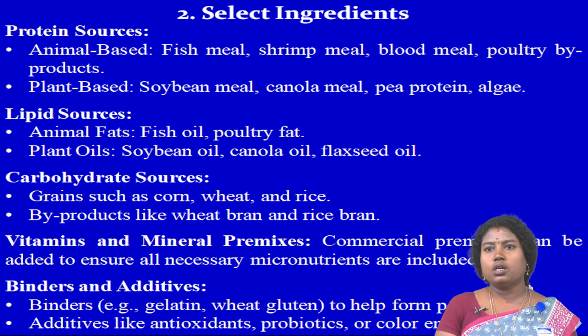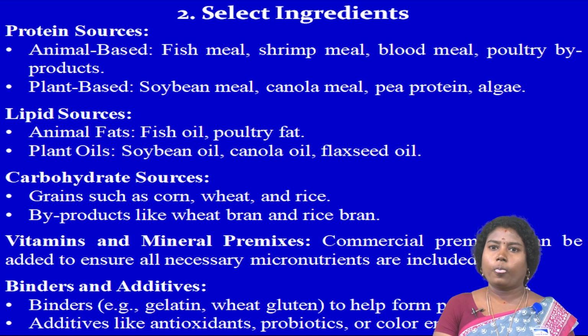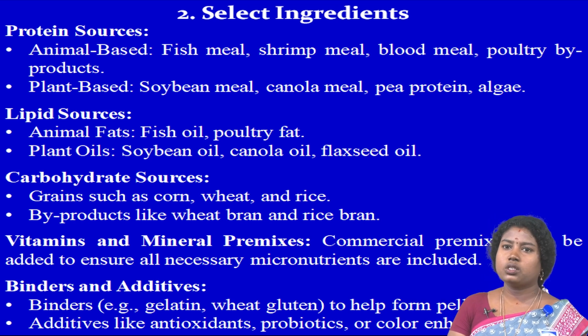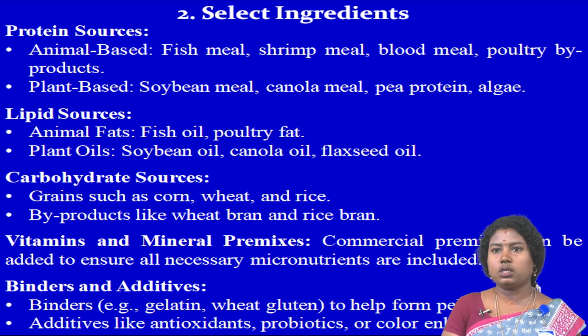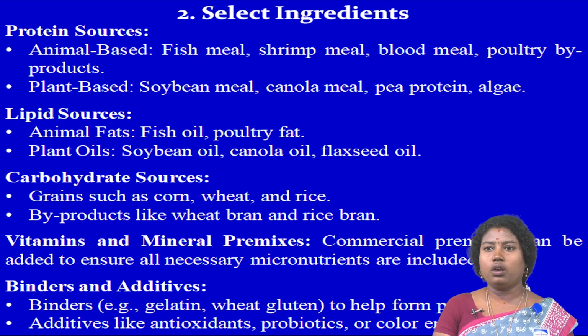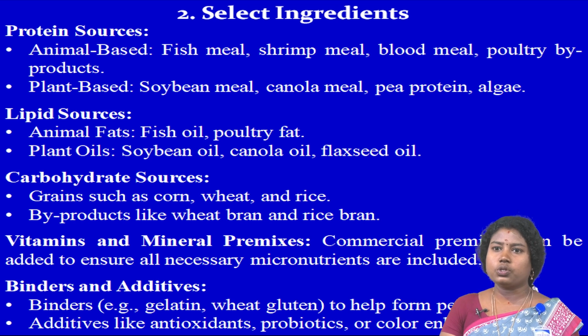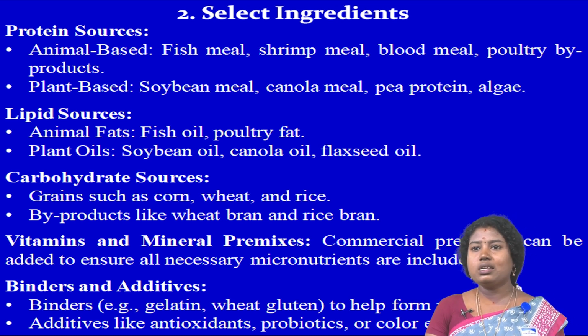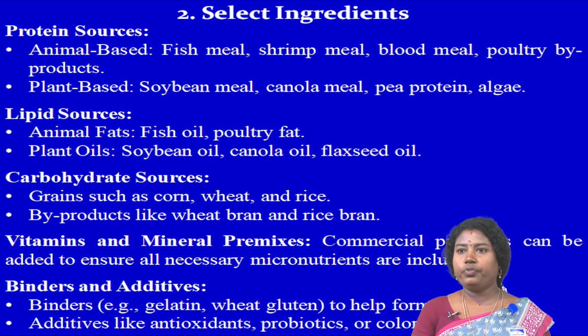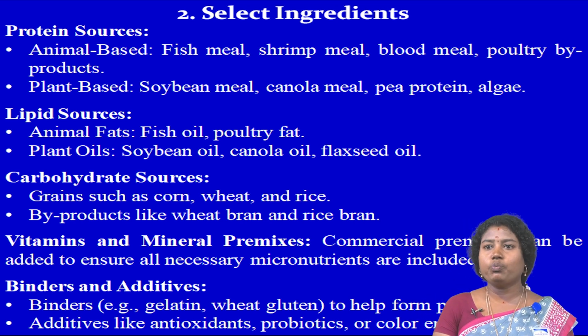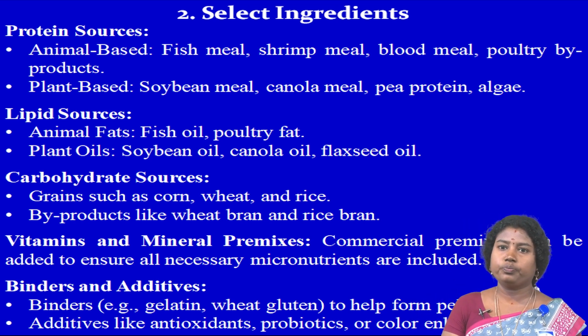Animal fat sources include fish oil and poultry fat. Plant oils. Plant oil sources include soybean oil, canola oil, and flaxseed oil. Carbohydrate sources include grains such as corn, wheat, and rice, and byproducts like wheat bran and rice bran.